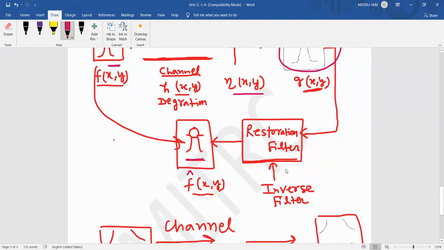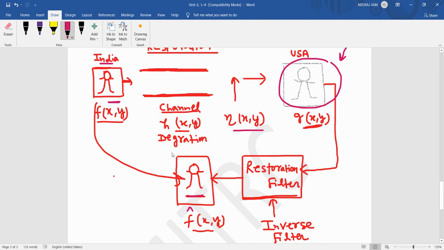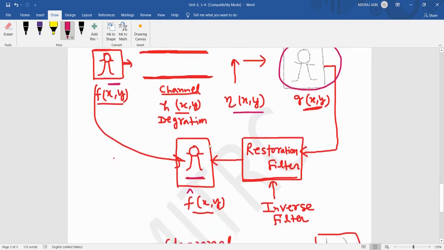Now there can be several types of restoration filter to achieve the actual image. This complete process is called the restoration process, and the filter which we apply here can be an inverse filter, a Wiener filter, there can be several filters.